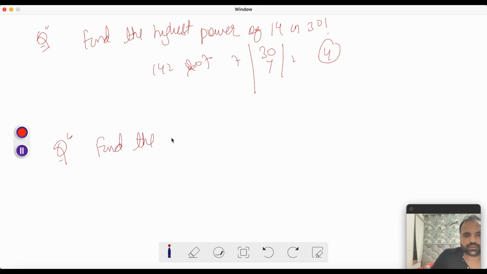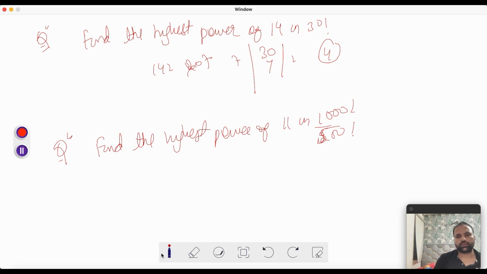Again, find the highest power of 11 in 500 factorial. Let's make it 500 factorial. So how would you do this? Very simple.